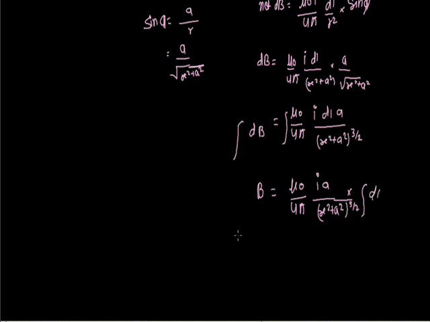The integration of dl is the whole circumference of the circle, 2 pi a, so B equals mu naught upon 4 pi, I a into 2 pi a upon x square plus a square to the power 3 by 2.